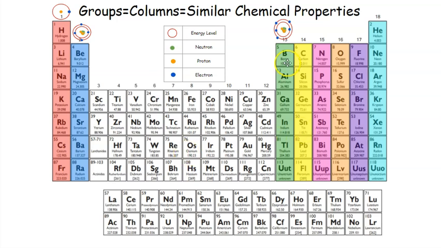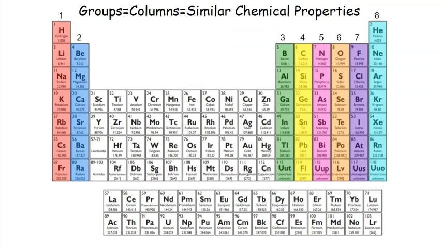So let's go over here at boron, uppercase B. We have 1, 2, 3 valence electrons because it is in group 3 here. But it has 5 electrons total. So 1, 2, 3, 4, 5 electrons total, but only 3 valence electrons. And what we can do is we can look at the different groups.